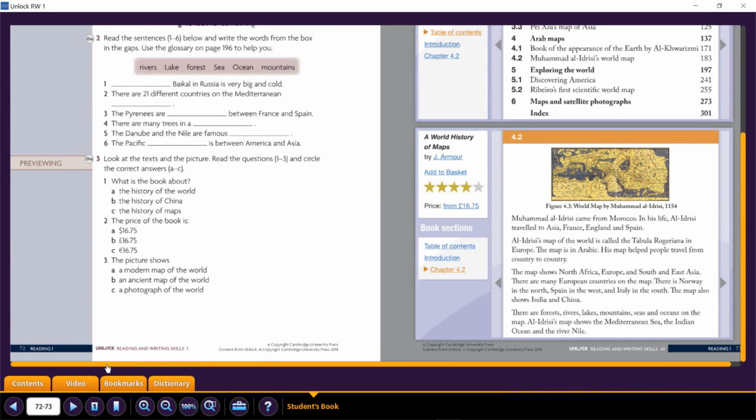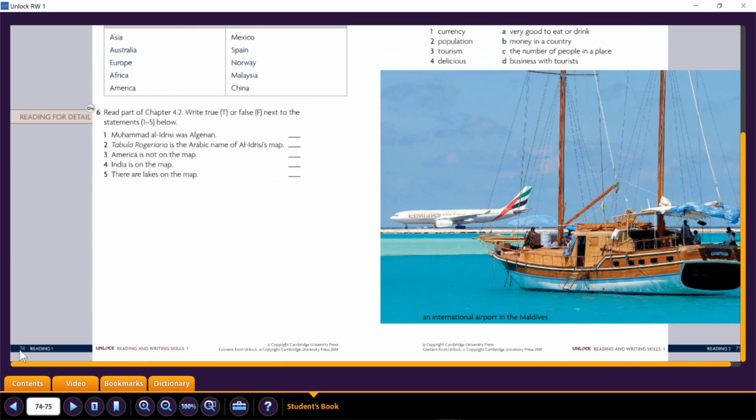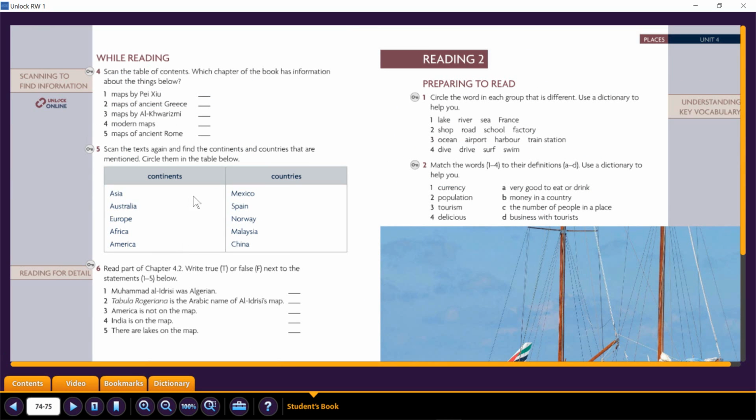Okay, ladies, moving to the next page here, page number 74. While reading, you need to scan, and please take few seconds to refresh your memories to remember and recall the meaning of scanning. Any types of texts, previewing, scanning, and skimming are reading skills.